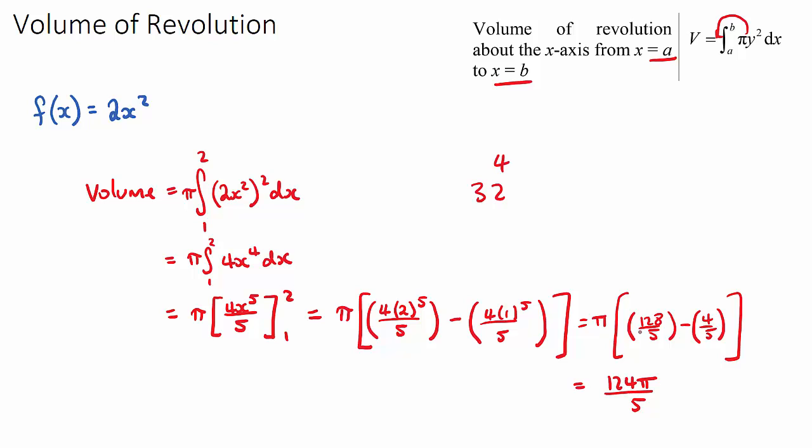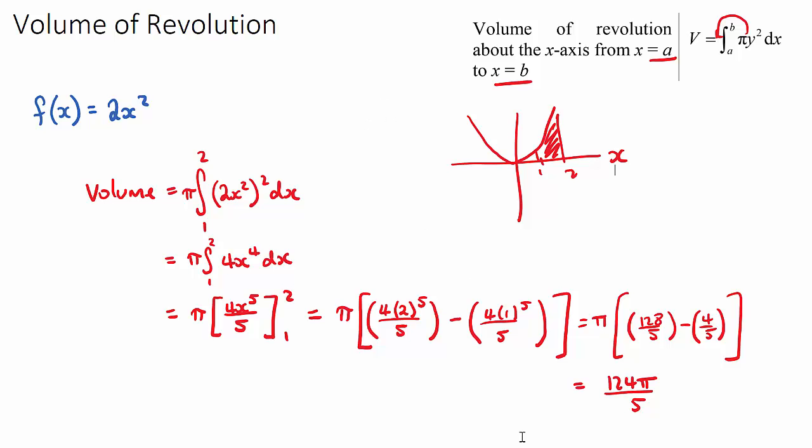And what this answer is similar to what I drew before. It's the volume underneath this shape, underneath this curve, between 1 and 2, if we took this area and we rotated it around this x-axis 360 degrees.